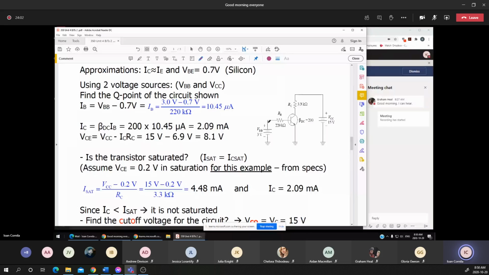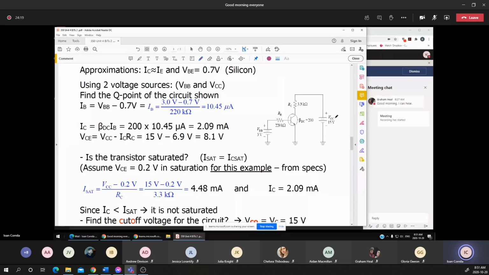One is used to supply voltage to the base in order to get the base emitter voltage of 0.7, and the other voltage, which is VCC.